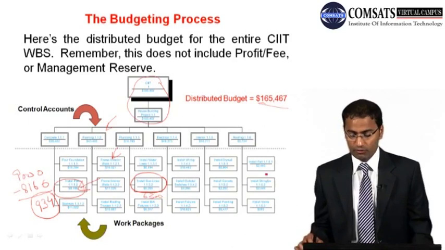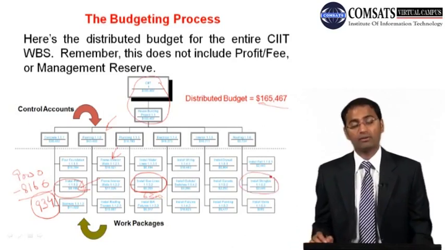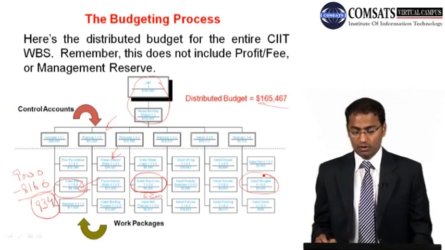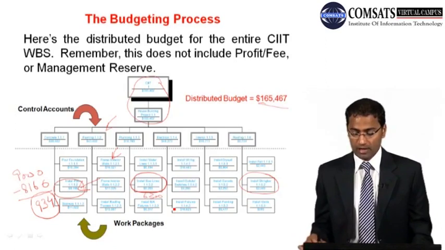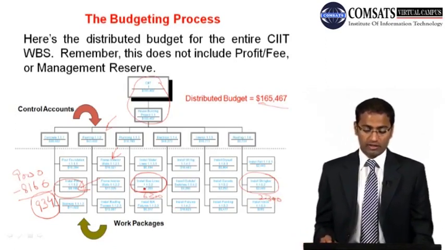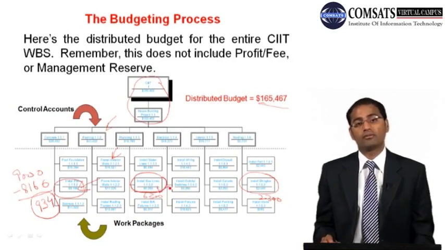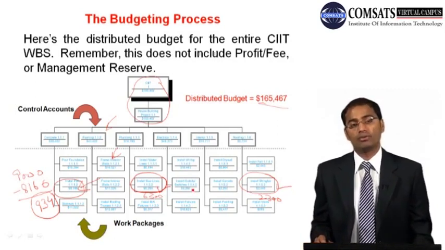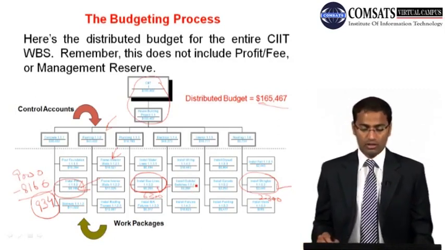The other work package was assigned to, let's say, Mr. Umar, and he spent 2,300. So this person is not performing well, and this one is performing well. So this is how we now have a very good understanding.